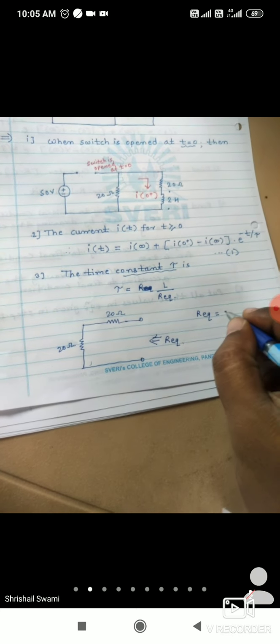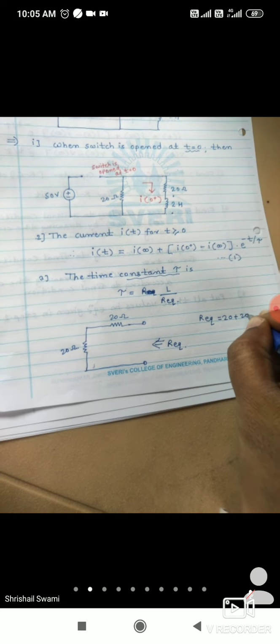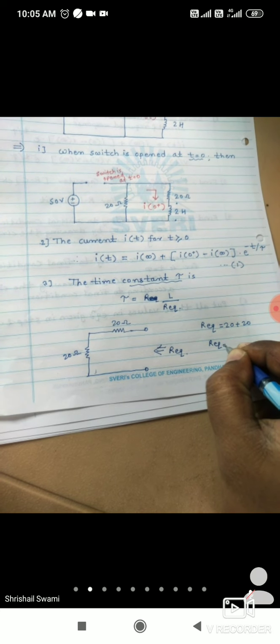So R equivalent is 20 plus 20, that is 40 ohm.